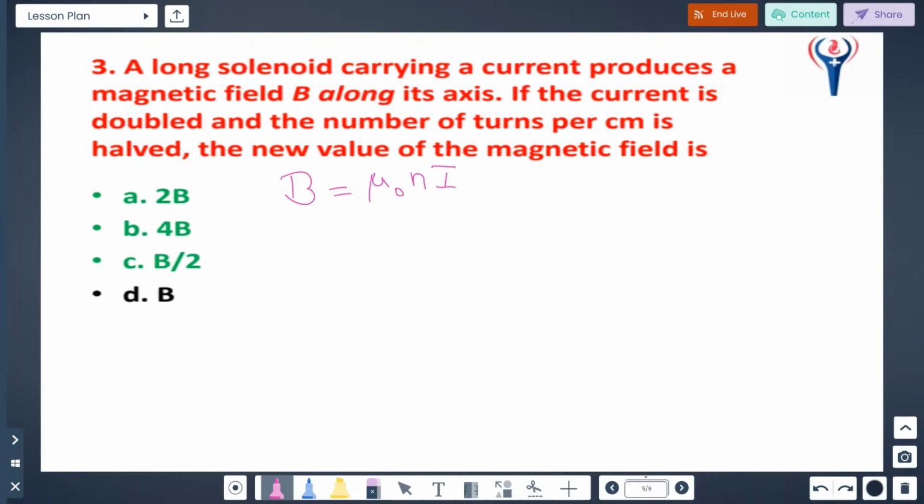N is the number of turns of coil per unit length. Okay. And here two cases is given.